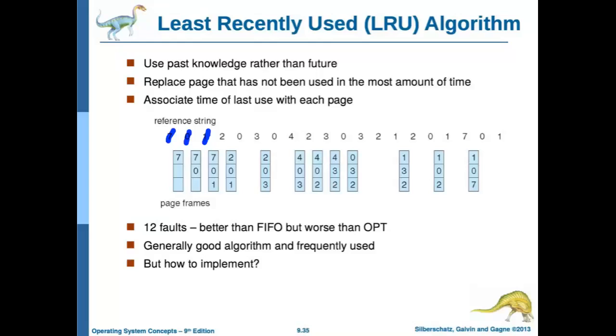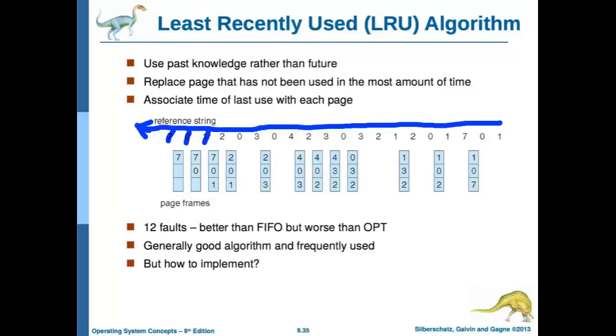So in optimal, we move forward in time, but here we look into the history, something like this. Now the arrow is in this direction.